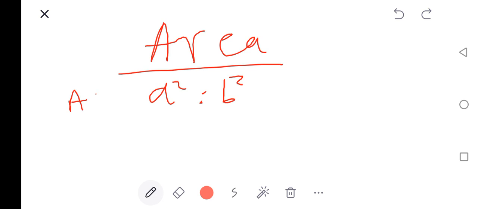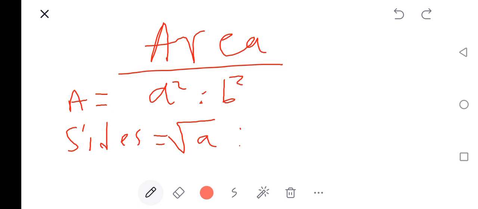This is area. So for the sides, we have to square root the A here, and we square root the B for us to find the sides. We need to square root the areas that we've been given.